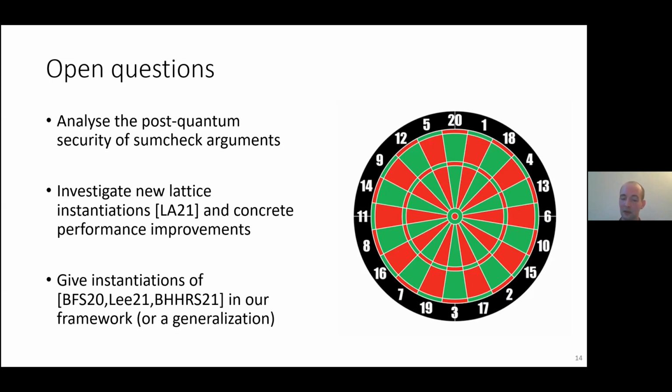So there are a few, like the Dory protocol, for example, or a couple of other works that we didn't quite manage to express as sumcheck arguments. We're pretty confident that it can be done either in our framework or a small generalization, but we just didn't quite get that far. So that's still something that's open.